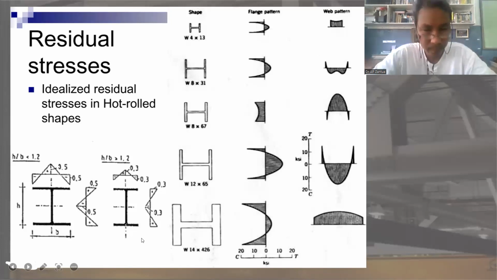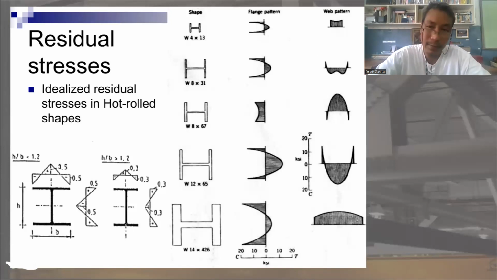So what about the next one? The next set is another W type. But now H divided by B is greater than 1.2.